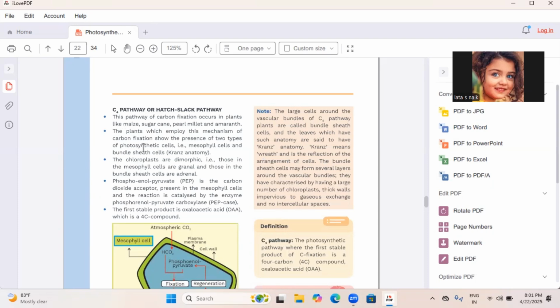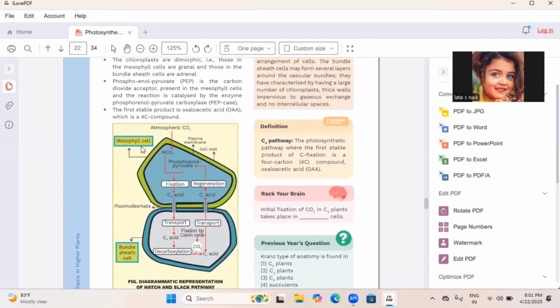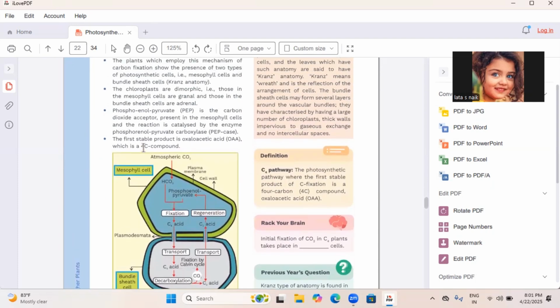Now these chloroplasts are dimorphic, that is, those in the mesophyll cells are granal and those in the bundle sheath cells are agranal.